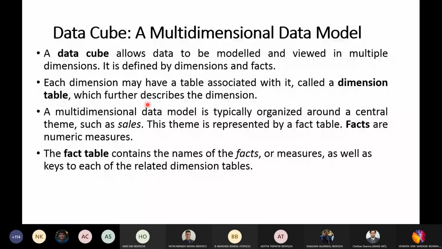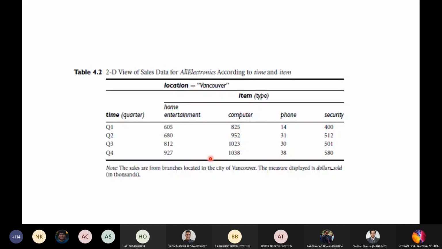So this particular table gives a 2D view of a sales database with respect to item and time. This same database in 3D view contains time, item, and location.